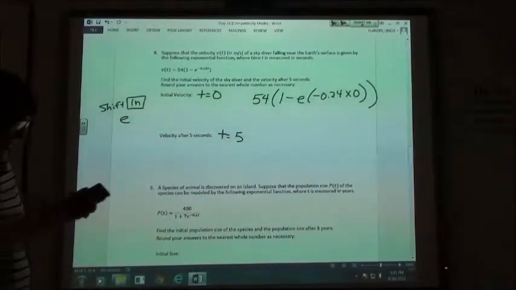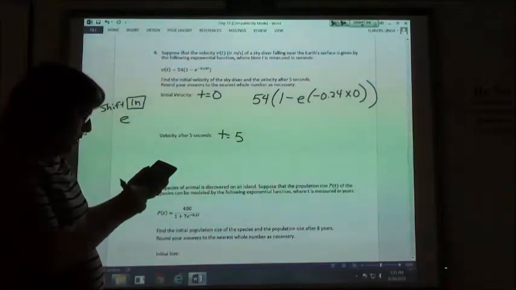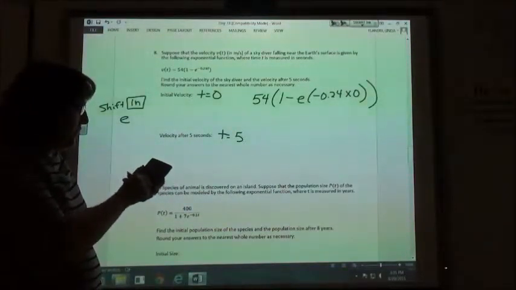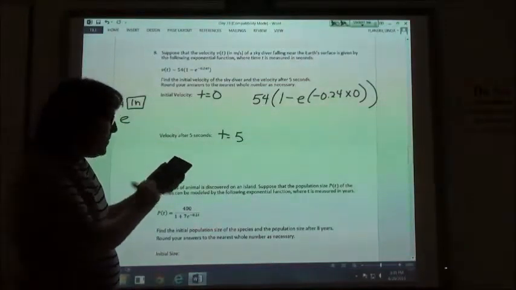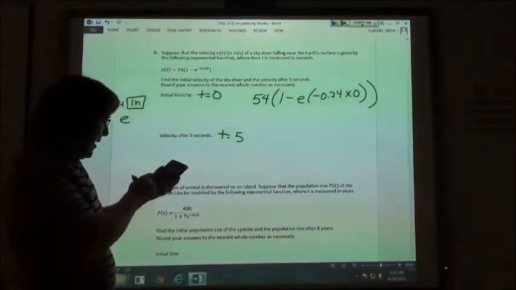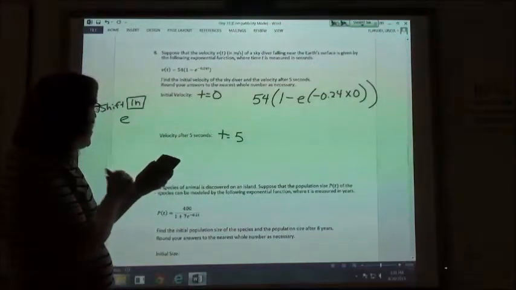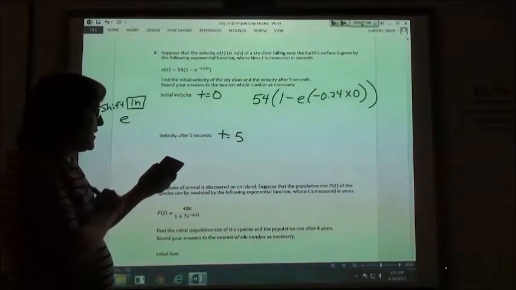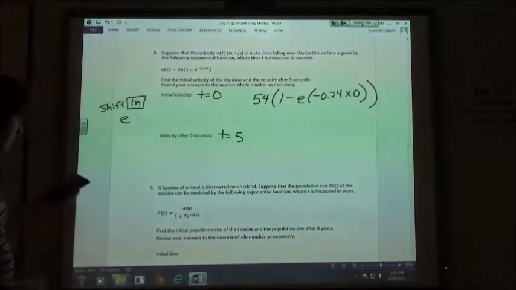So try it out. 54, parenthesis, 1 minus, Shift, natural log, the e shows up. Right behind the e, in parentheses, we're going to do the exponent. Negative 0.24 times 0. Close my parenthesis for the e, close my parenthesis for my other expression.